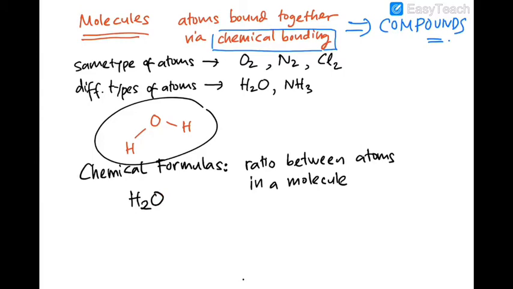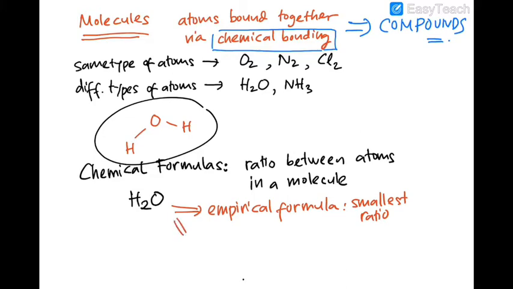The smallest ratio, we write it here, we call the empirical formula. This is the smallest ratio of atoms in a molecule. While the other one we call the molecular formula.